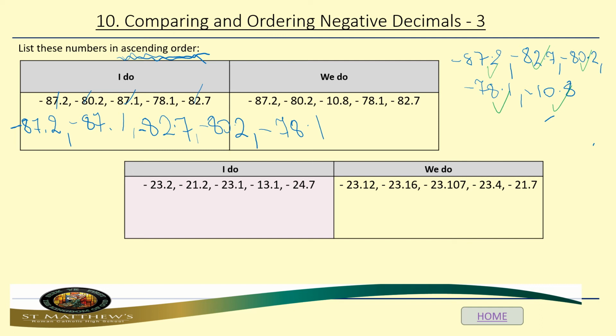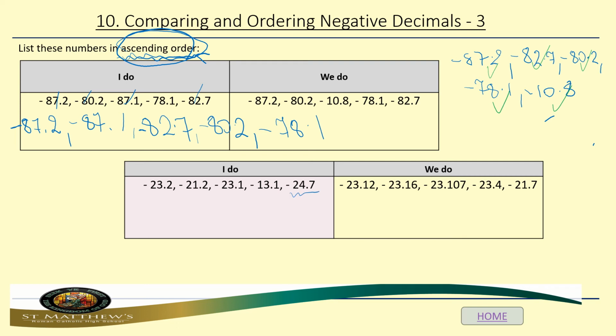Okay, so let's have a look at this. Which one is the smallest? We're still doing ascending order, meaning from the smallest to the largest. So the smallest in here would be the largest if they were all positive numbers.